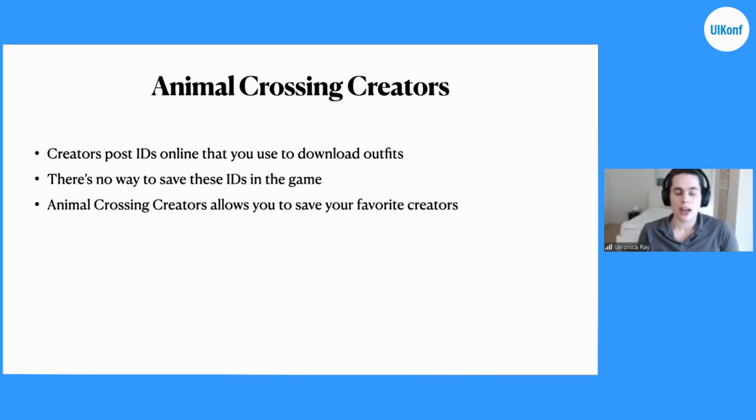So you can find creator IDs on Reddit or YouTube or Instagram. They're all over the place, and they're this long string of numbers. And you have to type them into the game, and then you can download the outfits these creators have made.